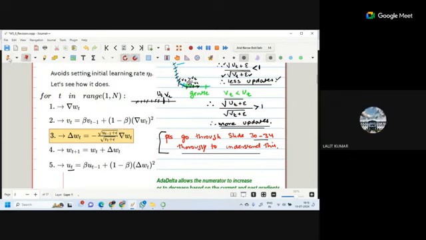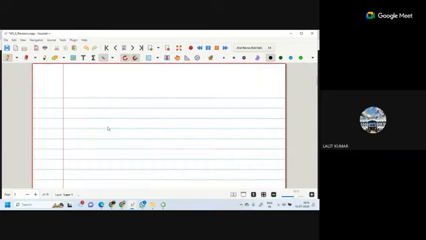Okay, this beta which is there, we have taken from RMSprop. What was happening in AdaGrad? We were taking, for example, W1 square plus W2 square plus up to and so on, so they were constantly increasing.